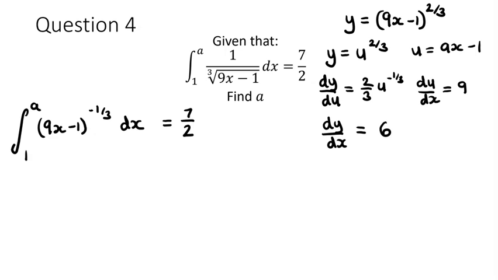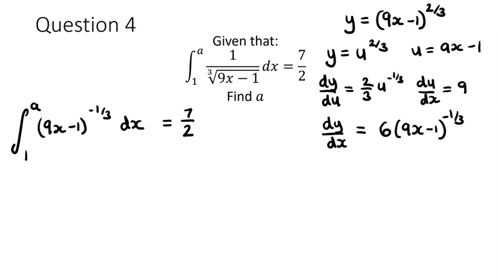So 2/3 times 9 is 6, and then pop that 9x minus 1 back in. We can see if we try 9x minus 1 to the power of 2/3, when we differentiate we get 6 times 9x minus 1 to the power of minus a third. So when I integrate 6 times 9x minus 1 to the power of minus a third, that's going to give me 9x minus 1 to the power of 2/3.